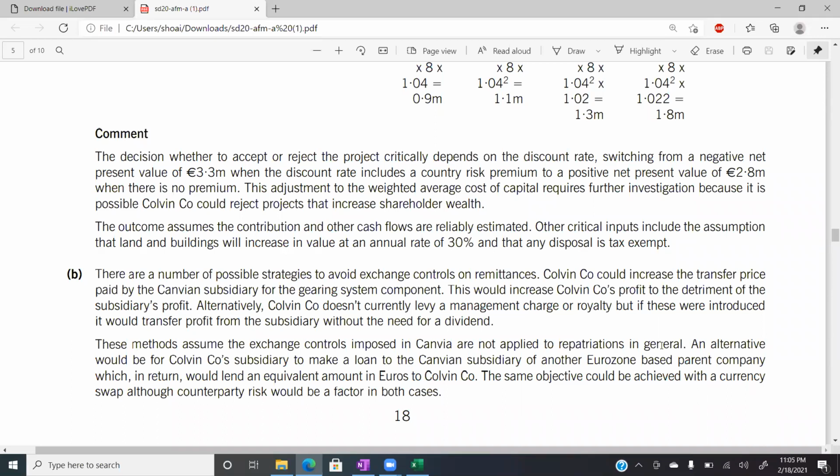We are assuming that exchange controls are only on the dividends, not on the repatriation. Repatriation means any outflow from the country. So we are assuming, by giving the suggestion, that the government has imposed the restriction on the dividends only.